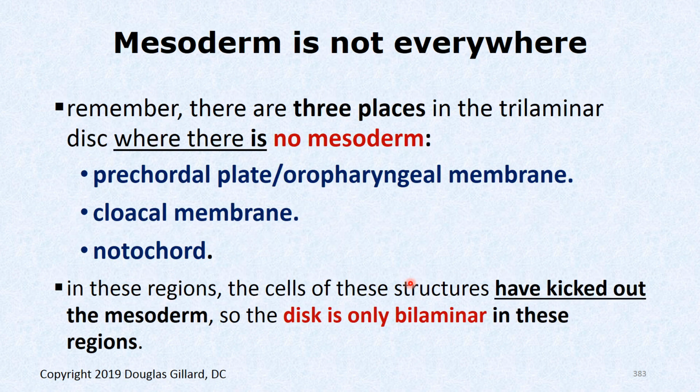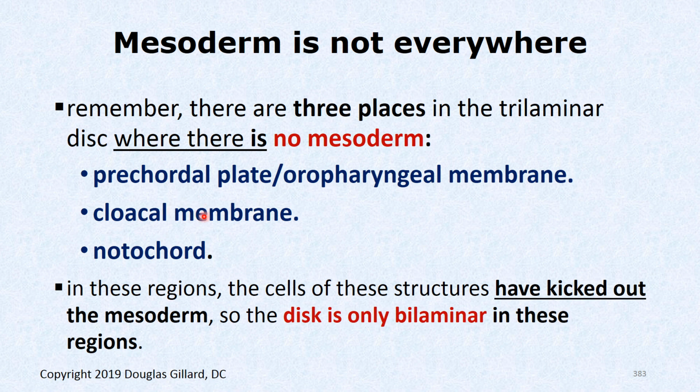This is a review slide. Remember, our mesoderm isn't everywhere. We have some places where the ectoderm and endoderm are pinched together, like the precordial plate, oropharyngeal membrane region. There's no mesoderm there. They pinch together and it can't get there. It can't fill in there. Cloacal membrane is the same thing. Precordial plate will become the mouth.